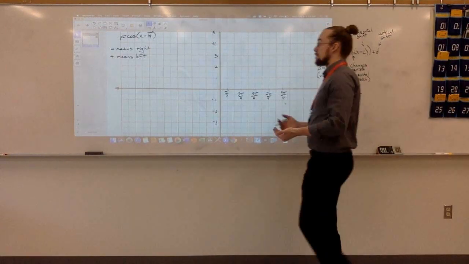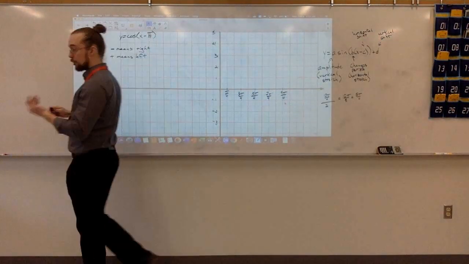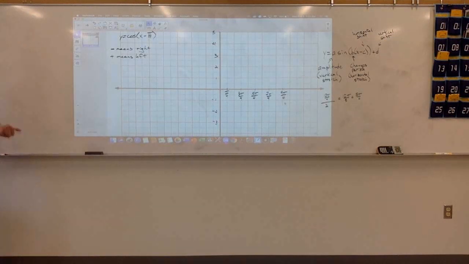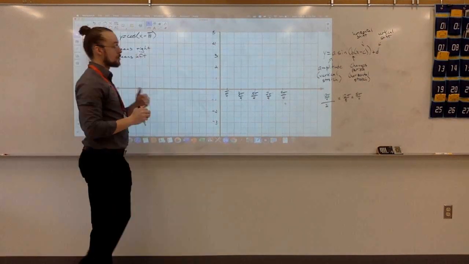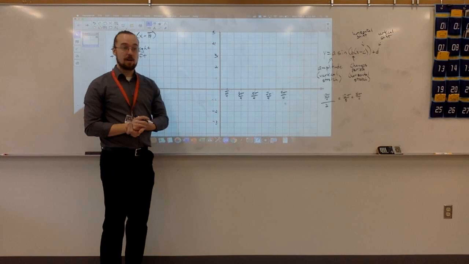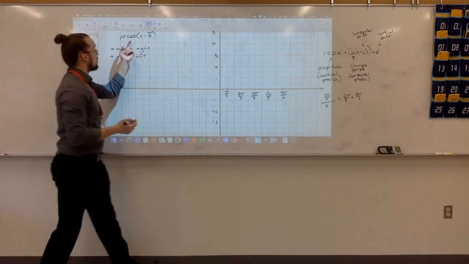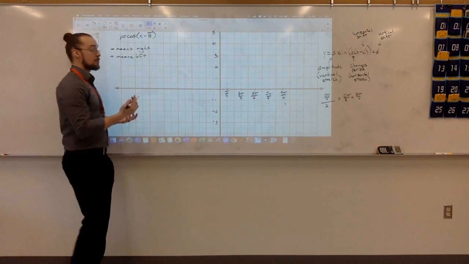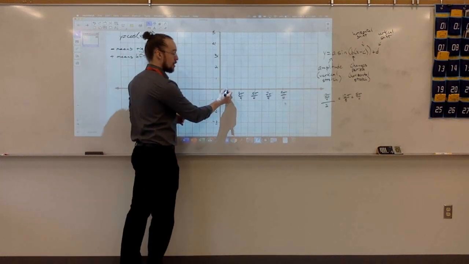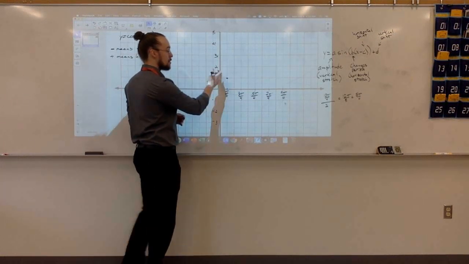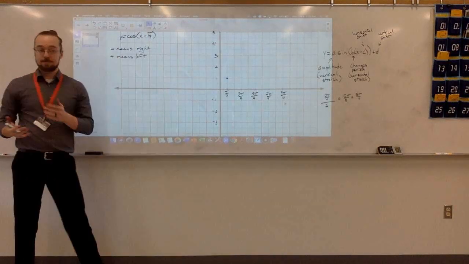So now, we just need to think about the shape of the cosine curve. So I know that cosine starts at its maximum value. I don't have any amplitude change, so that maximum value is 1. But remember, we're starting now at pi over 4, not starting on the y-axis.